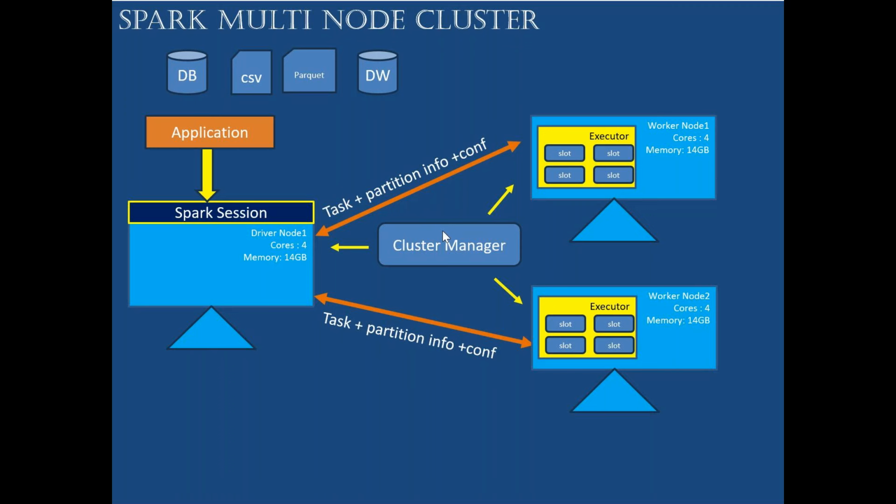So now what is going to happen? 8 partitions are going to run in parallel. Once the first 4 are completed out of 8, then the remaining 4 will start.